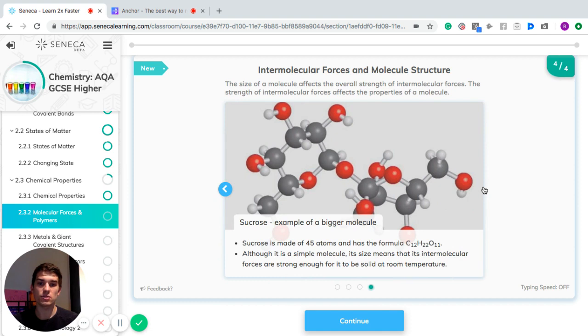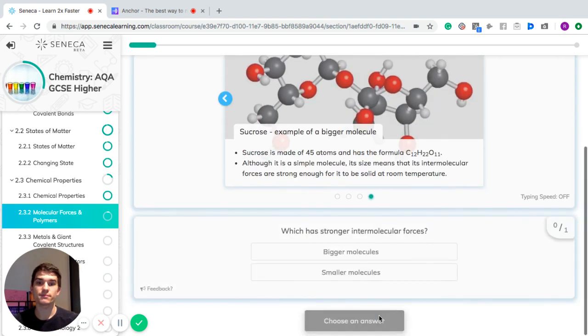For example, sucrose is an example of a bigger molecule. It's made up of 45 atoms in total and has the chemical formula C12H22O11. Although it is a simple molecule, its size means that its intermolecular forces are strong enough for it to be solid at room temperature.